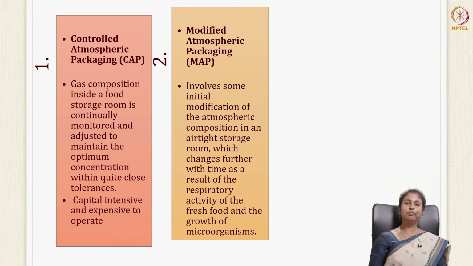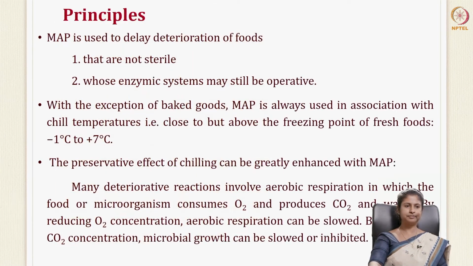While in MAP, you'll modify the composition of the gas, but you will not continually monitor it and keep strict control over the composition. Over time, this will undergo passive modification, which will eventually help in increasing the shelf life. So that's the main difference between a CAP and a MAP: in CAP, you have a strict control of the composition of the gas.